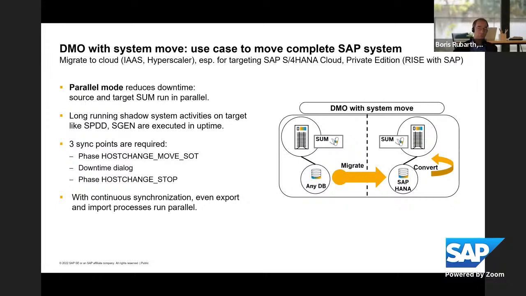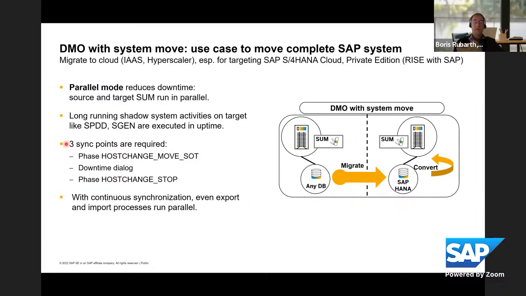Yeah, and good question. That's why we have those 3 manual sync points listed here that are to be done manually then. That means in the software update manager, you will tell the tool, I would like to execute DMO with system move in the source. Then there will be a dialog telling you, okay, we have DMO with system move.